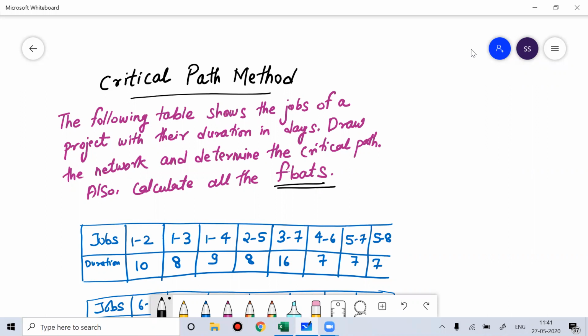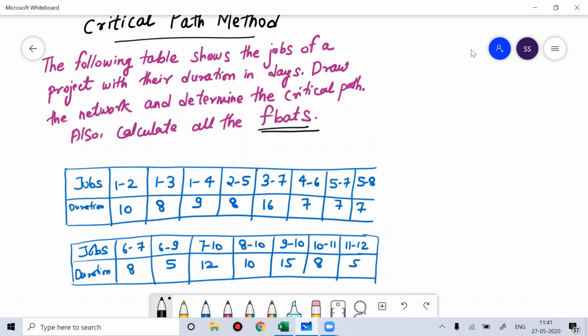So guys, this is the data that is given to you. Everyone please write down this question so that I can start solving it. In this question, we will draw the network diagram from the given data.